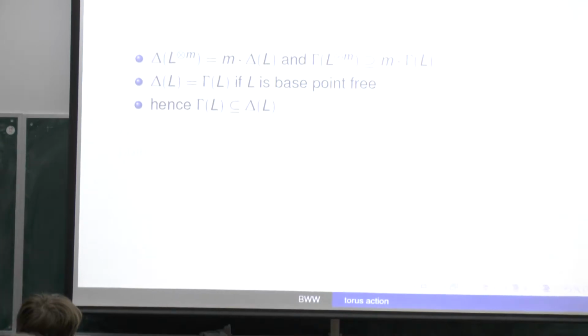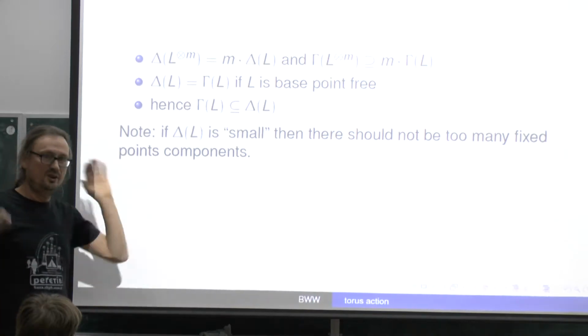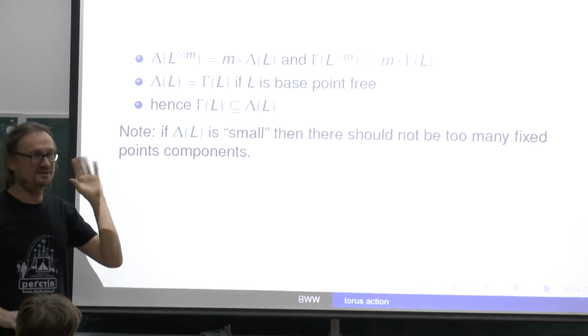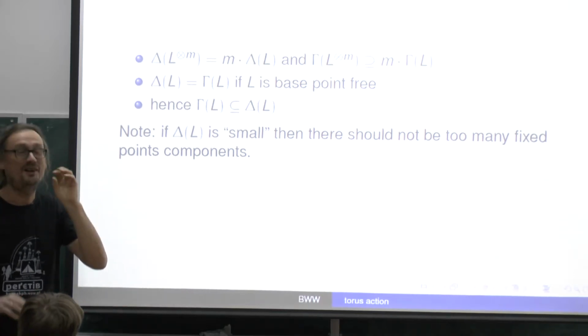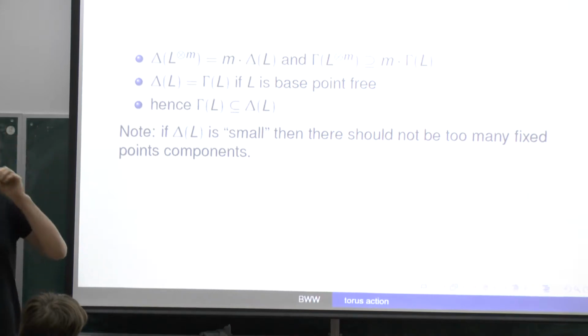Okay? All right. So the idea is that if you know that there is a small number of eigenvalues, and you can somehow hear all these fixed point components associated to these eigenvalues, then probably you can rebuild the whole variety. That's the whole idea. Okay?